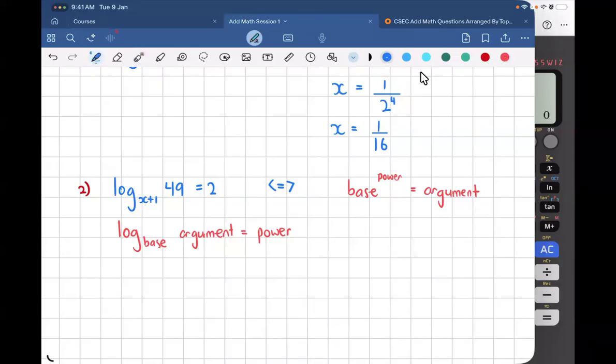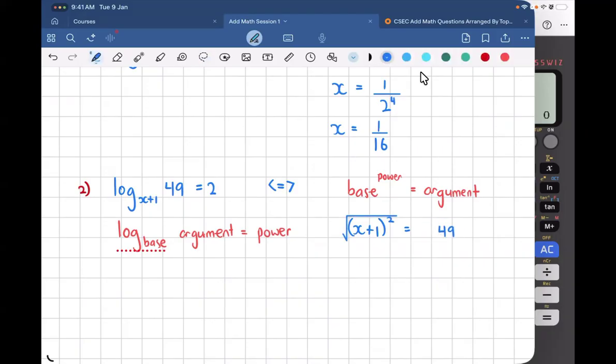So the base here is x plus 1, right? We're going to square that entire thing, and that would be equal to the argument, which is 49. Next thing we're going to do is find the square root on both sides.